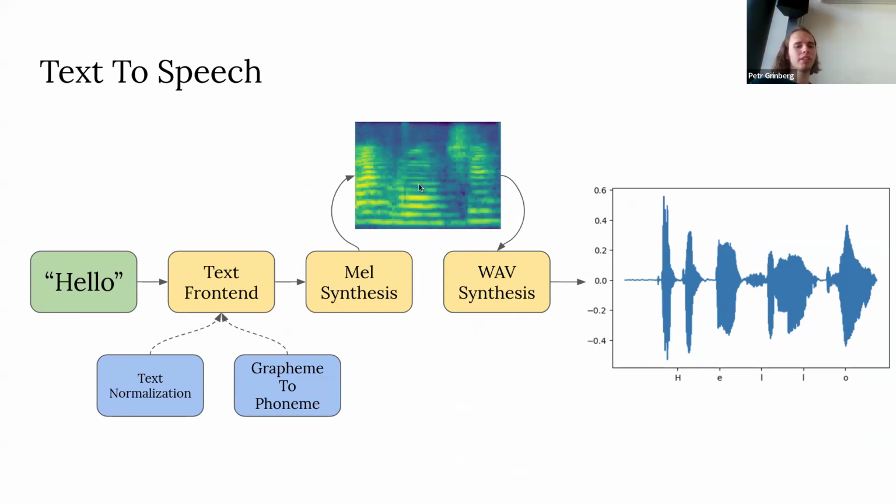To create the Mel spectrogram from text, we will use a transformer-like model, which we don't explain, and this is a separate task. We train one model just to do this transformation from text to Mel spectrogram without any wave synthesis. Then we forget about creating Mel spectrograms from text.